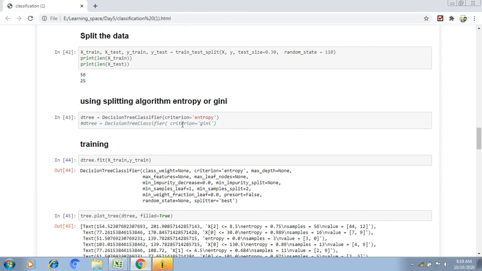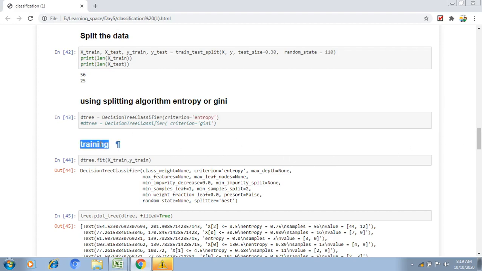If I'm not mentioning anything, then Gini will be the default criterion. sklearn uses Gini by default because there are no logarithmic operations in Gini. Just for our test purpose, I am doing it with entropy. This is the tree: my object equals my class, and I'm passing the criterion as entropy.